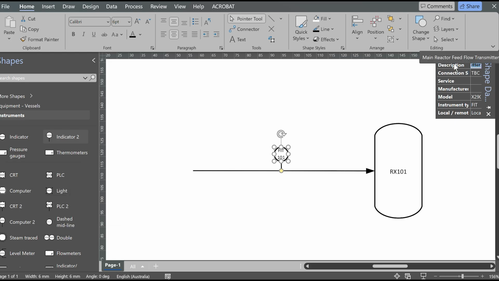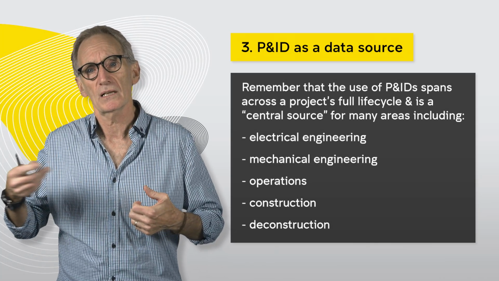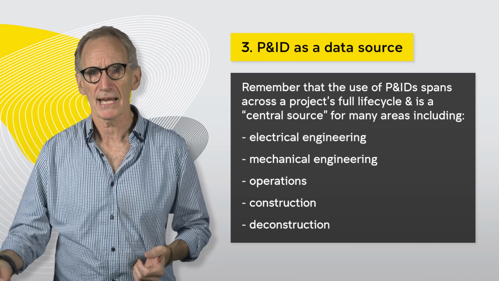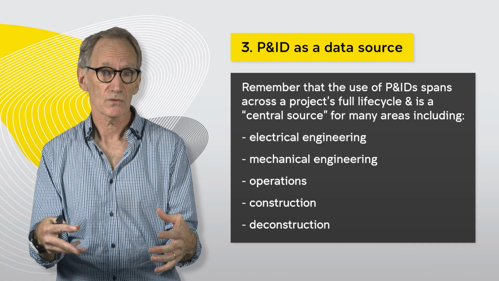So as process engineers, as chemical engineers, some of what we're doing with P&IDs is not just process engineering or chemical engineering, it feeds into electrical engineering, it feeds into mechanical engineering. It is the source of all these things.